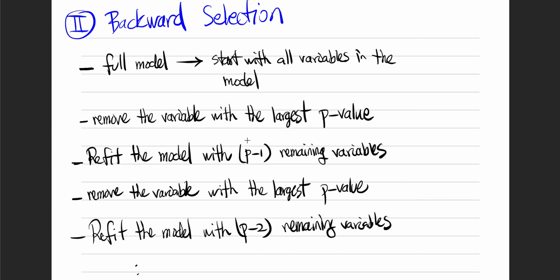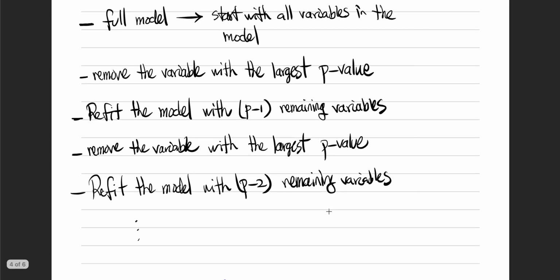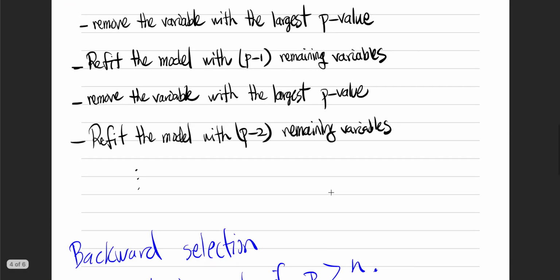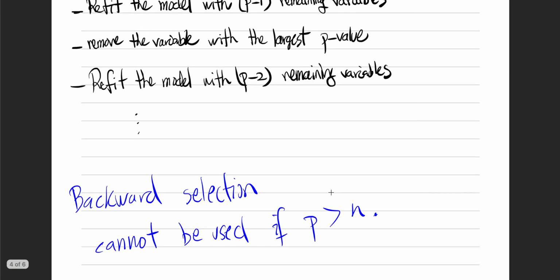Then it will refit the linear regression with the remaining predictors, and then remove the variable with the largest p-value again, and refit with p minus 2 remaining variables, and it will just continue this until some threshold. So this is backward selection, and as we said, it cannot be used if the number of predictors is larger than the number of observations.